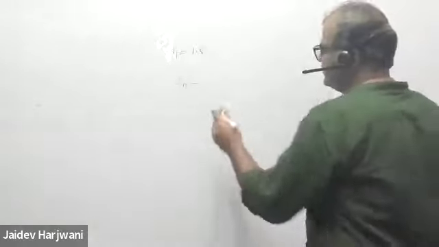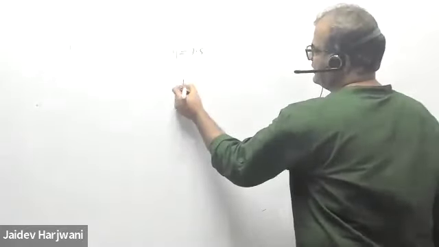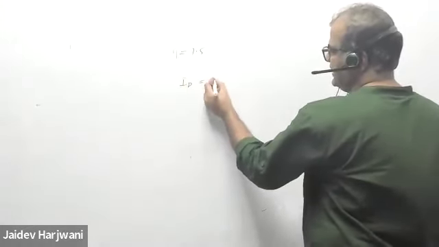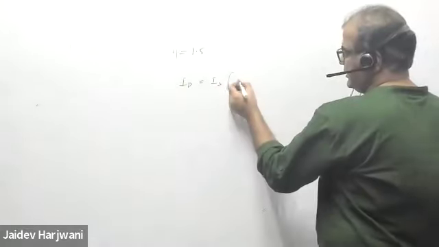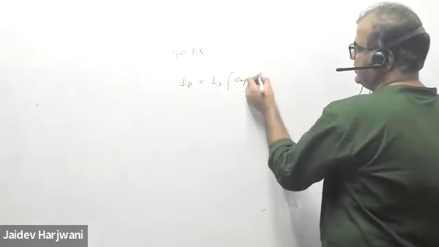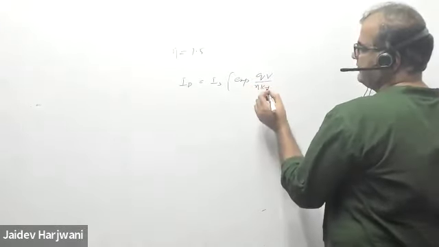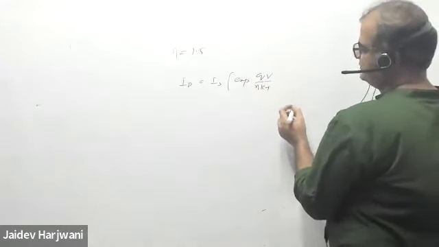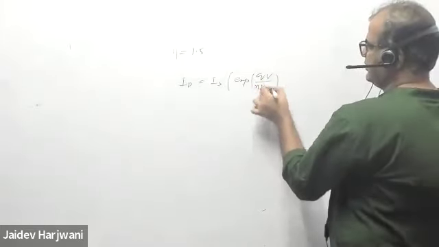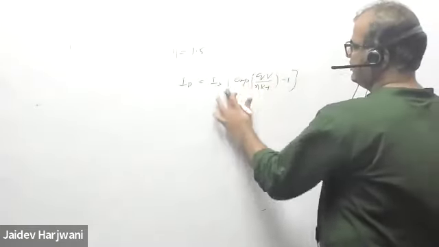What is the equation of current? Diode equation: ID equal to IS exponential QV upon eta KT, minus 1. This is the diode equation.